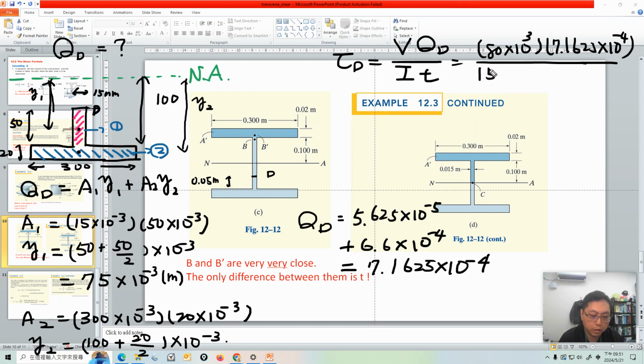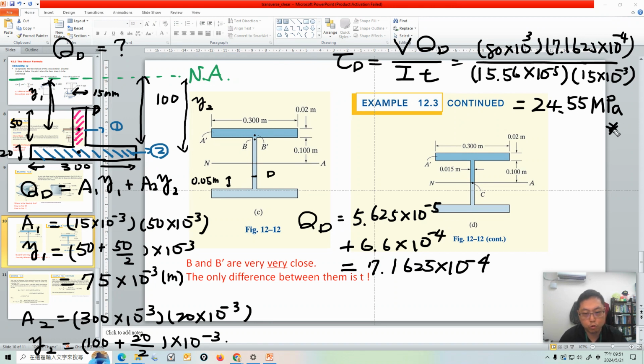It's 15.56 times 10 to the power minus 5. And T is here, 15 millimeter. After all, we get 24.55 megapascal.